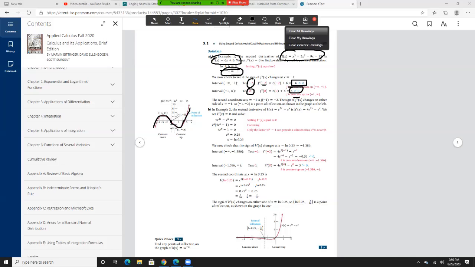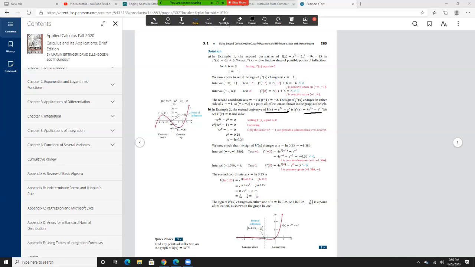And even though I'm not going to go into details on the second part, it's the same concept. You have your function, you look at the second derivative, you set the second derivative equal to 0, then you get involved in the algebra, and you get your critical value. And again, you pick values to the left and to the right. A little word of caution here. Some people get stuck here and they don't know what to do.